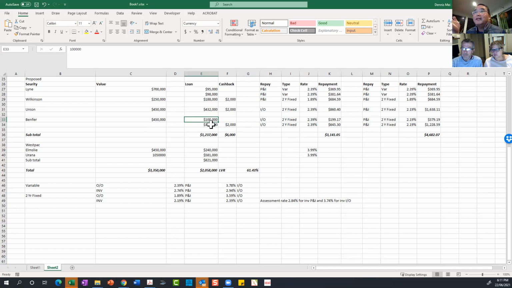You have about $40,000 surplus already. If we fix all the loans for 2 years, in the next 2 years you should save about another 20,000 to 40,000 a year. So after 2 years, you have $80,000 sitting in the offset account, pretty much offsetting the majority of this $100,000 loan.